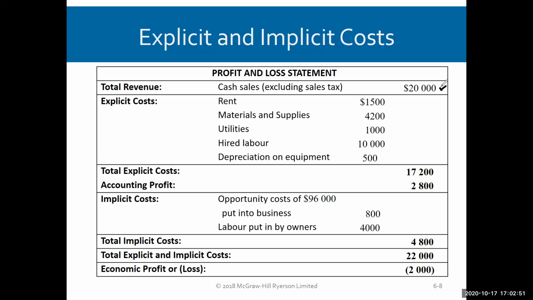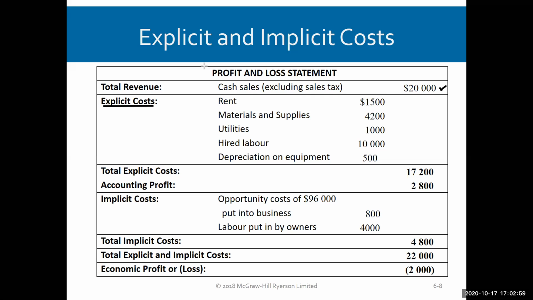The explicit costs that they incurred that month doing their business include these various things: rent for $1,500, materials and supplies, those input things like buttons and leather and thread, of $4,200, and utilities. Utilities are, say, gas and electric that they had to pay this month to run their little business.